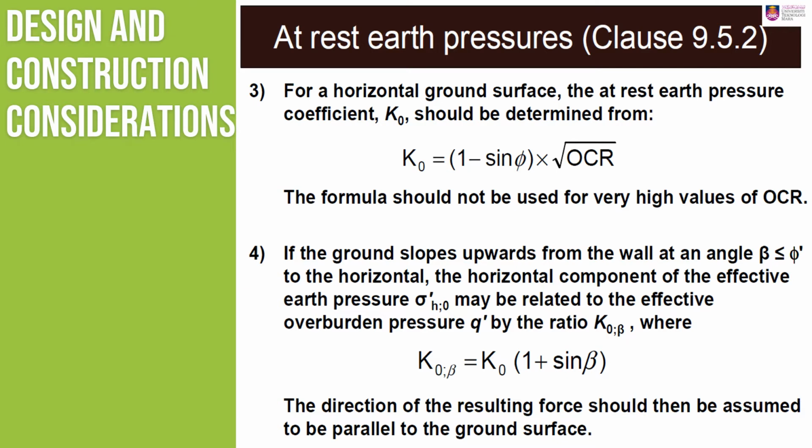If the ground slopes upward from the wall at an angle beta less than phi, the internal friction of the soil, the horizontal component of the effective earth pressure may be related to the effective overburden pressure q effective by the ratio K0 beta, where K0 beta is K0 times (1 plus sin beta). The direction of the resulting force should then be assumed to be parallel to the ground surface.